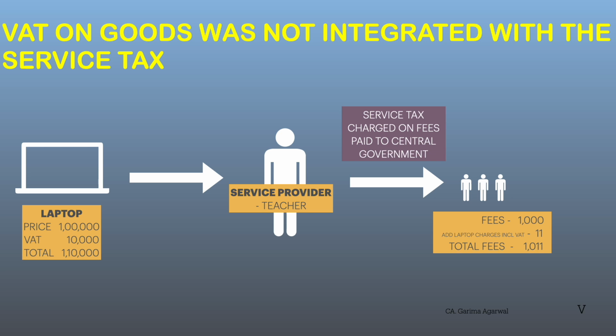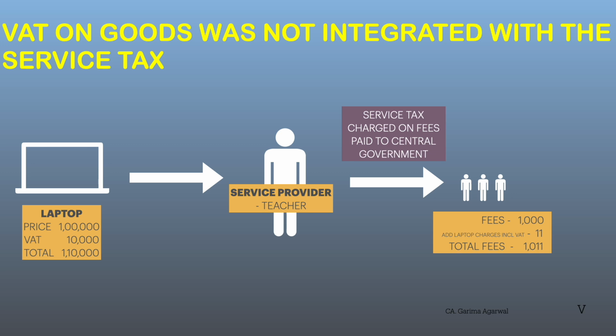And the second point was service tax on services. It was levied by the central government on services provided. It allowed credit for service tax paid on input services like maybe transportation, but not for VAT paid on input goods. That means any goods used to provide a service. So, for a business that manufactured goods and also provided services, or even for a pure service provider purchasing goods, this created a wall.